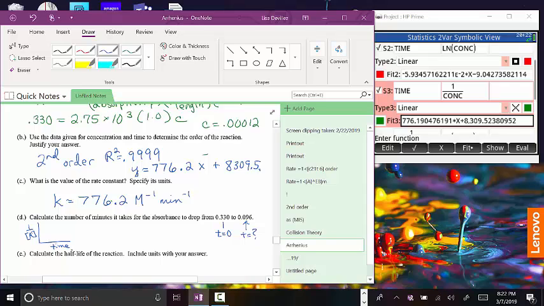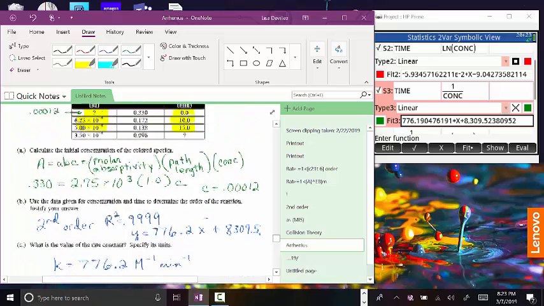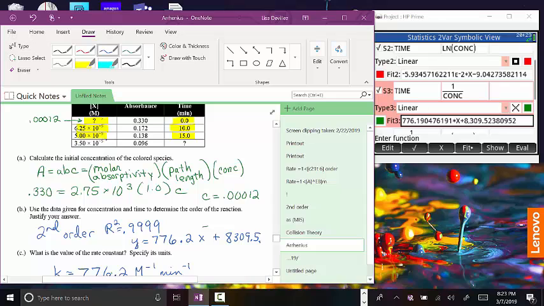So this is a given absorbance. Concentration. So here all the times that this is an absorbance. That's not what I graphed. I graphed concentration. So I need to go back up to my data table.